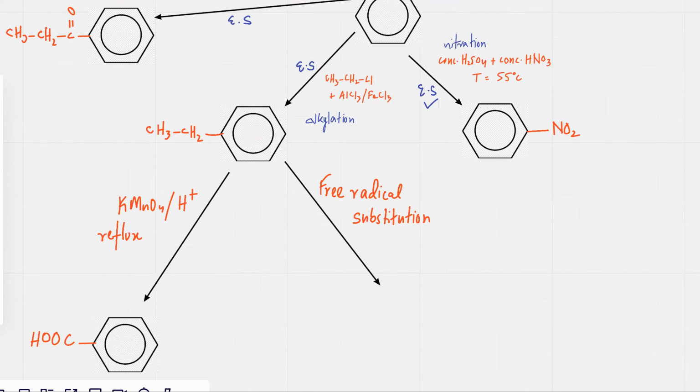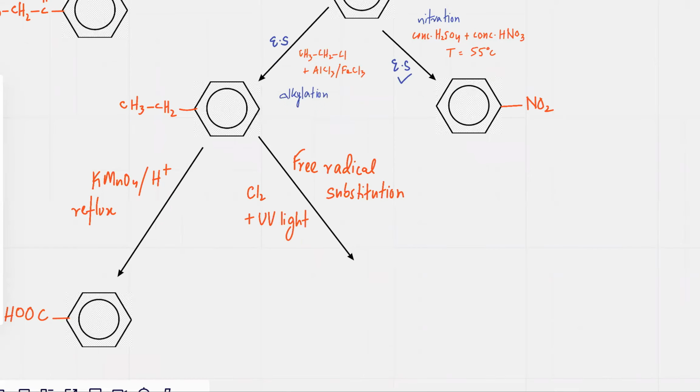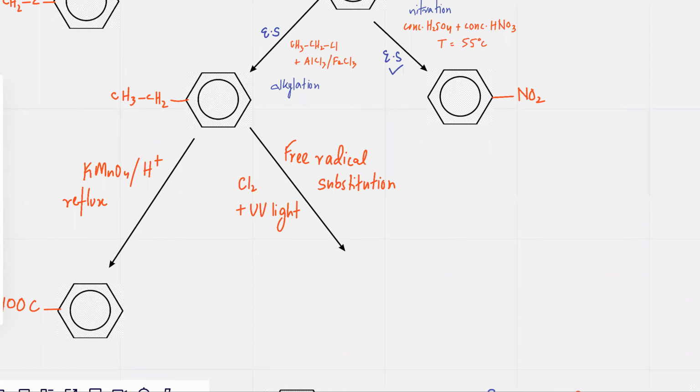So that's your reaction with Cl2 plus UV light. Now, in free radical substitution, if you use UV light, and it could be Br2 as well.